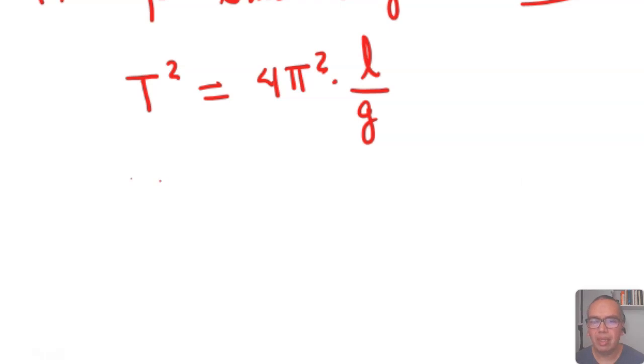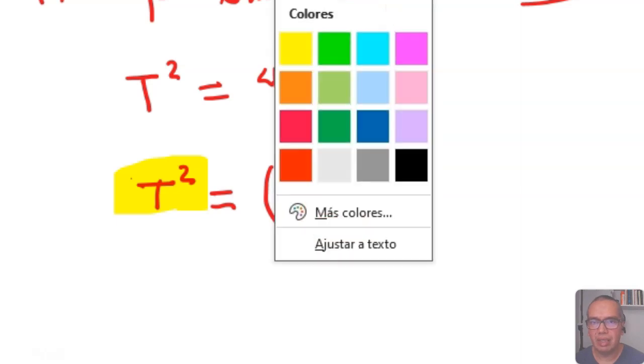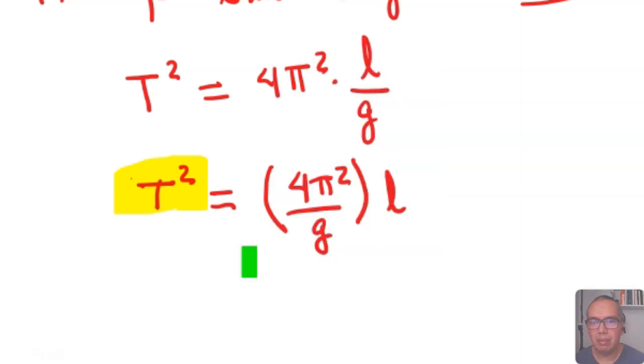And if you get the constants together, then the square of the period is equal to 4 pi squared divided by g times L. Now remember that the vertical axis was given by this T squared, and the horizontal axis was given by the length of the pendulum.